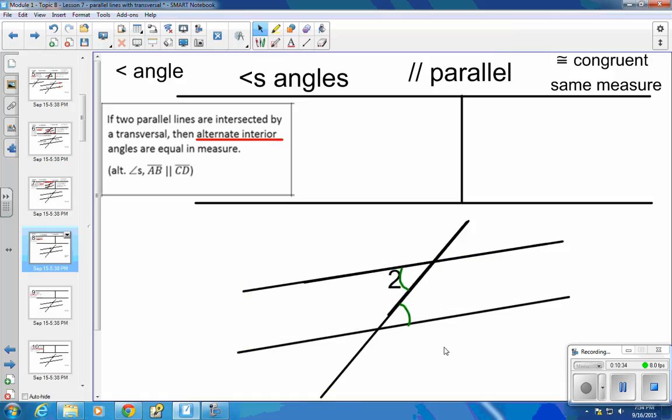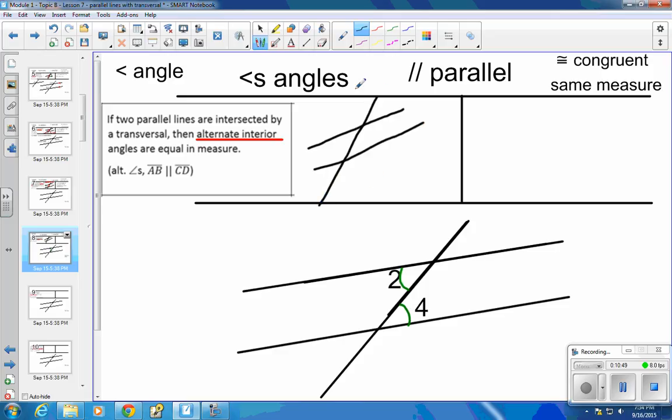And I'll call this one angle 4. So 2 and 4 have to be the same measure. So our picture, 2 parallel lines, got our transversal, and we have the opposite or alternate interior angles.